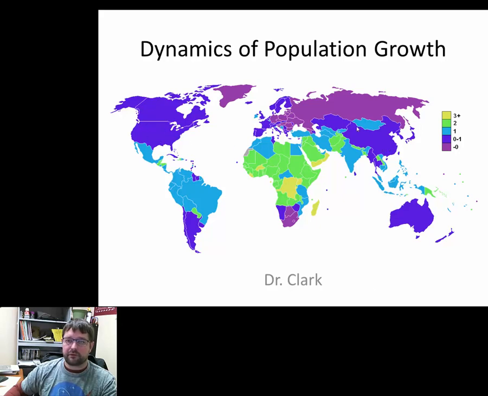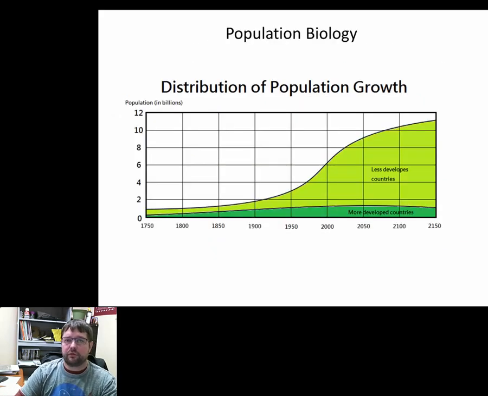The United States has about the same growth rate as China, population-wise, but we don't have a cap on the number of individuals. And you might ask, well, why is that? The reason has to do with this graph. Developed countries tend to be more educated, and they tend to be less likely to over-reproduce.